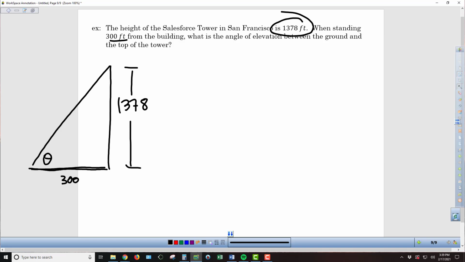So this time I know two sides of the triangle. I need to figure out what my angle is. So if we use this angle, hopefully we recognize this as being the opposite side. Here's our adjacent side. The hypotenuse is not involved. So this is another tangent question. But the difference here is I don't know what the angle is. I have tangent of theta equals opposite 1378 over adjacent 300.